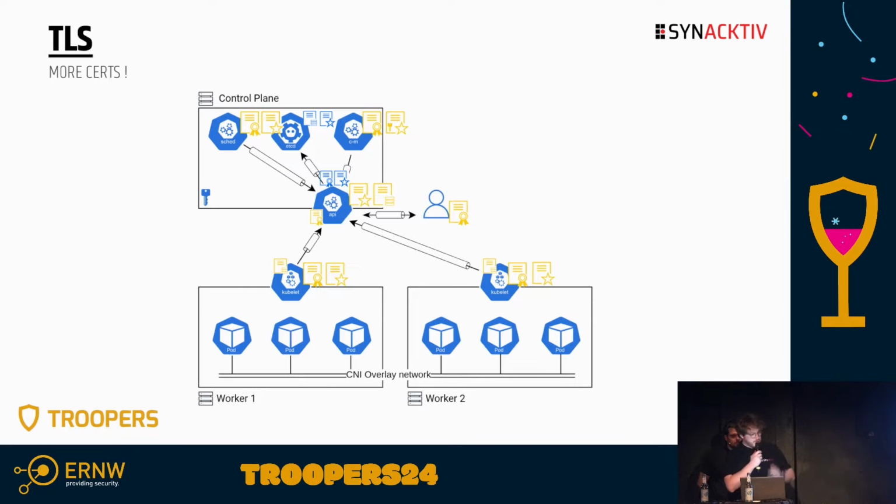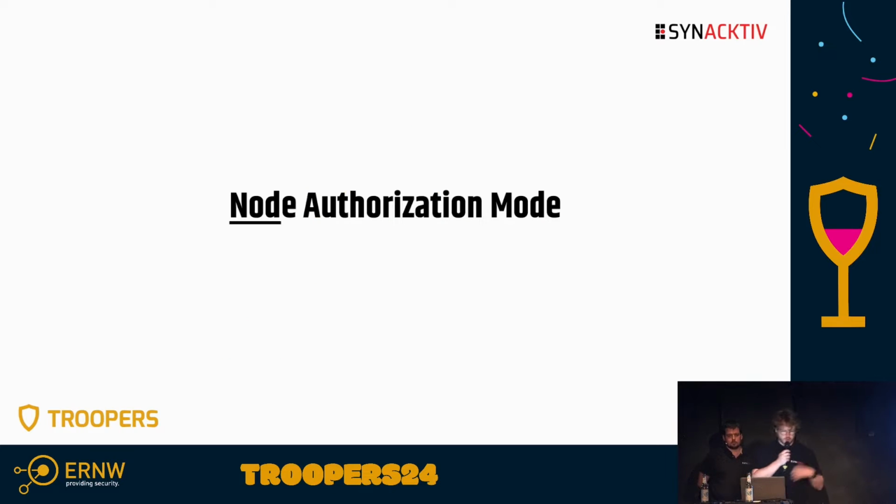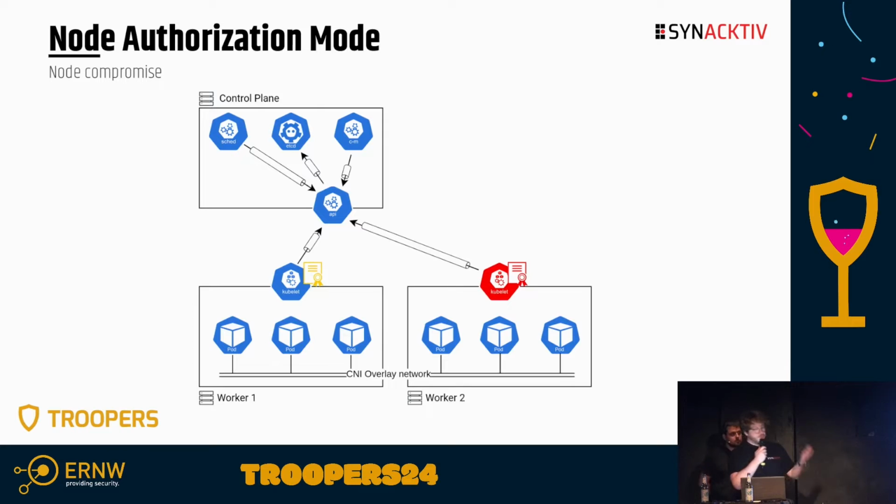Moreover, the different kubelets need to have a very specific certificate for the node authorization mode to work. So the purpose of the node authorization mode is to restrict the privileges of the kubelets inside a cluster, because if you have a node which is compromised, the client certificate will also be compromised.